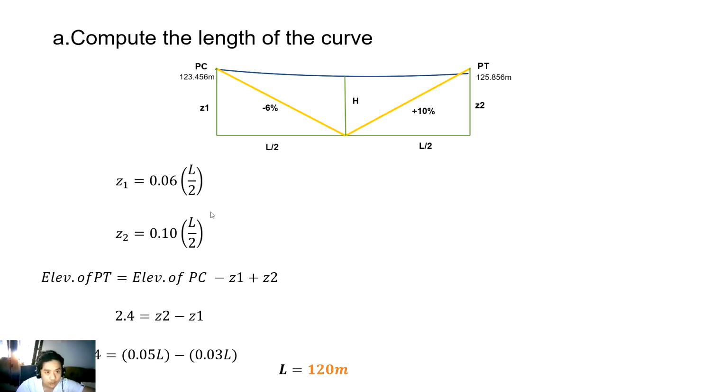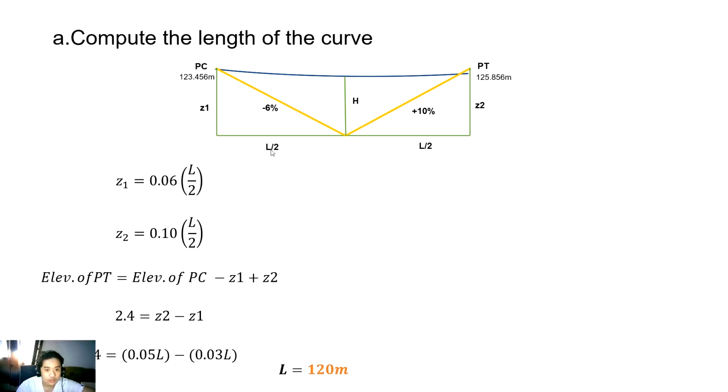Okay, so to compute the length of the curve, we're going to solve first for Z1. So, Z1 equals to 0.06. Saan galing yung 0.06? Itong 6%. Times L over 2.